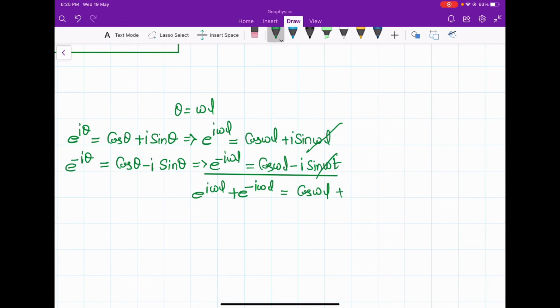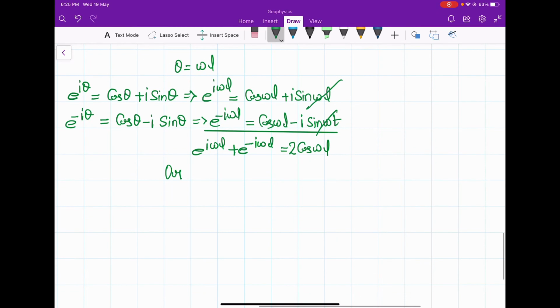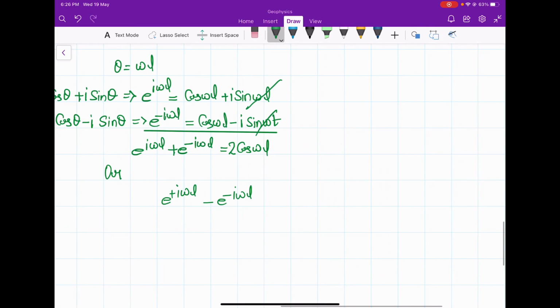So cos omega L plus cos omega L, which means 2 cos omega L. Or if we subtract these two, that is e to the power i omega L minus e to the power minus i omega L.